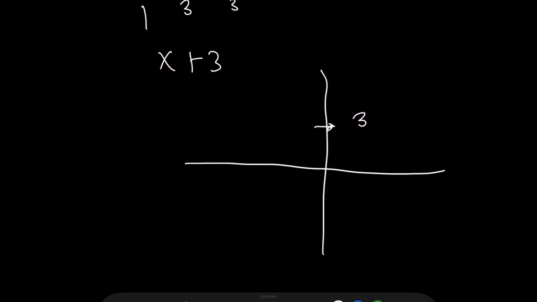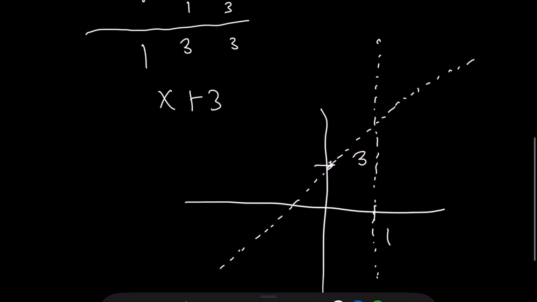I apologize. It should be 3. It should be like that. There we go. Guys, I swear I remember how to draw lines. I'm sorry. Okay. All right, this looks better.